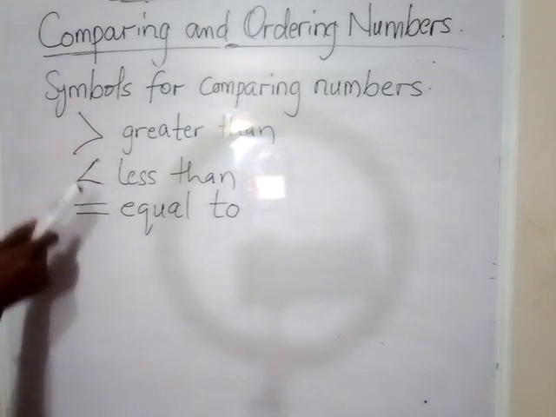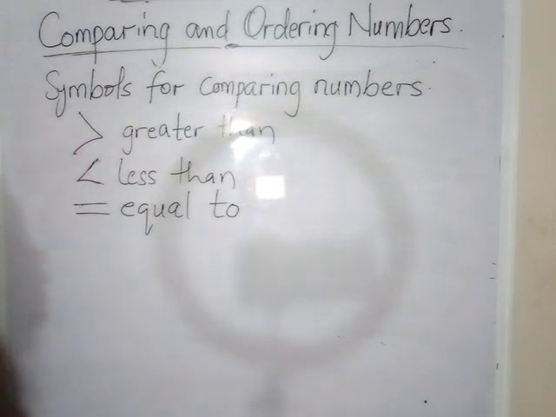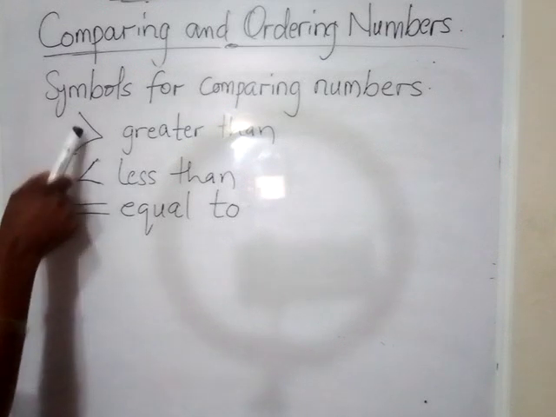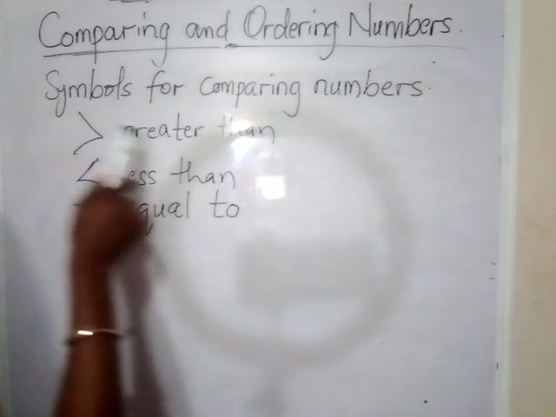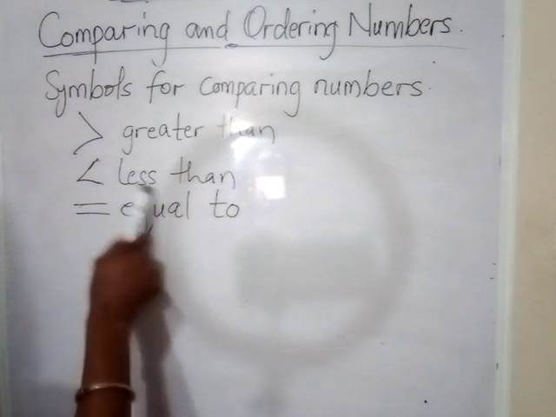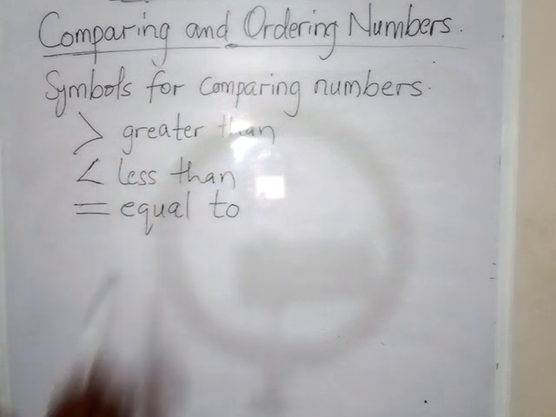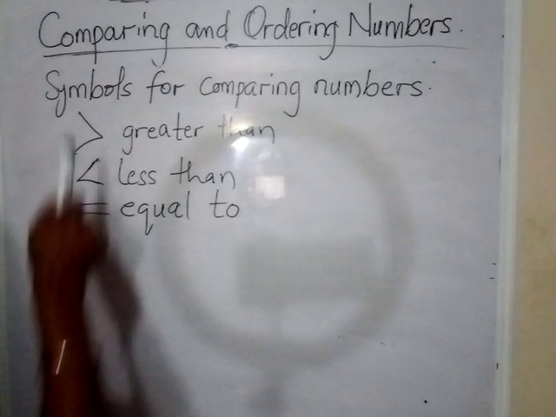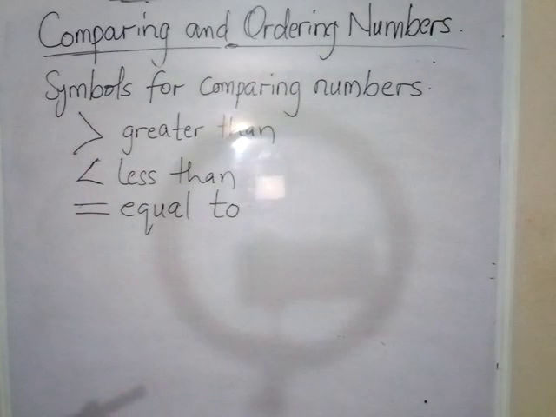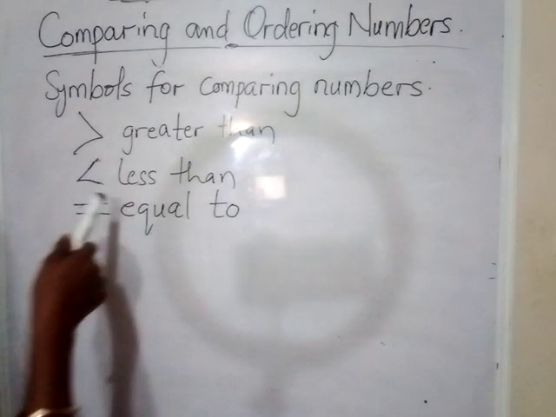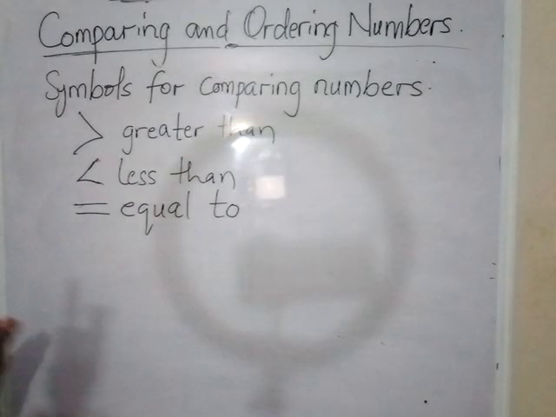If you look at these first 2 symbols, the one that represents greater than and the one that represents less than, you will find they have the same shape. They're exactly the same, but facing different directions.